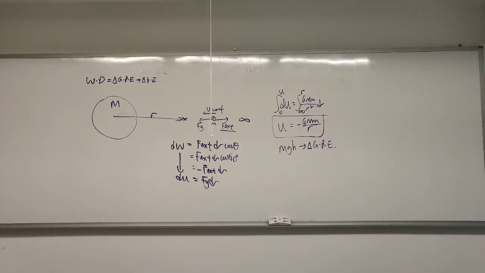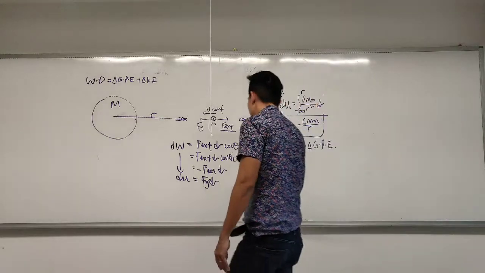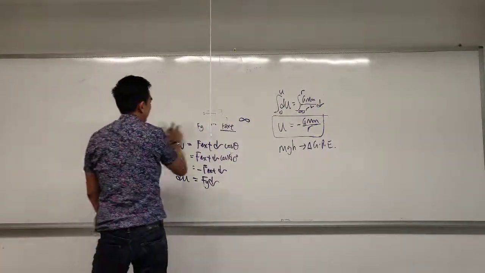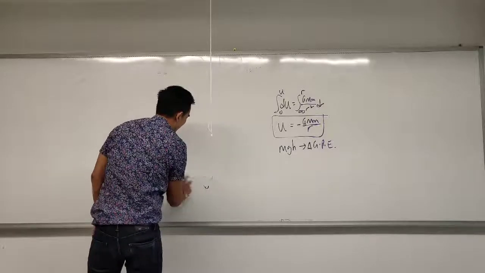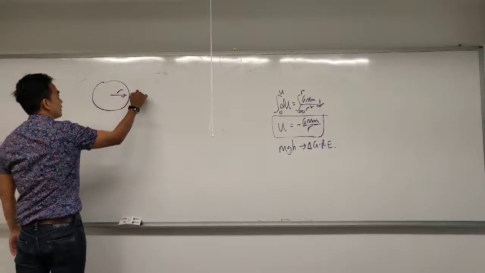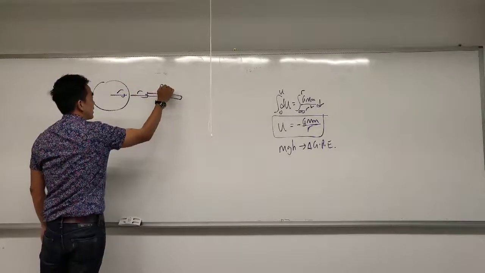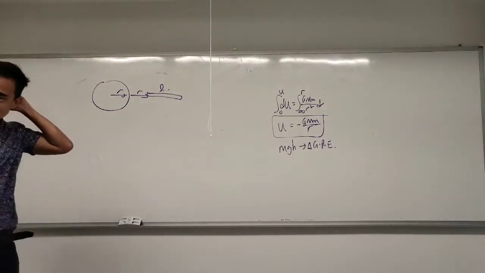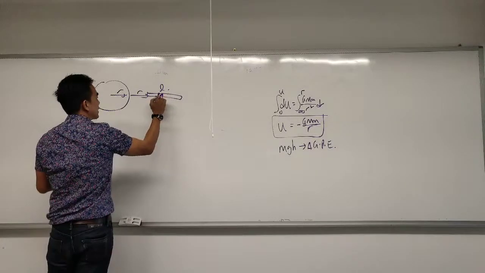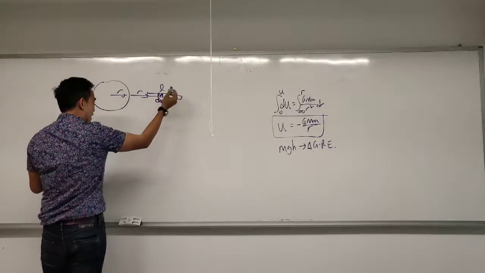So how do you apply this equation to the situations that we did just now? How do you find the potential energy of a rod, with distance R and length L? Same method. You consider the potential energy of a small mass dm.